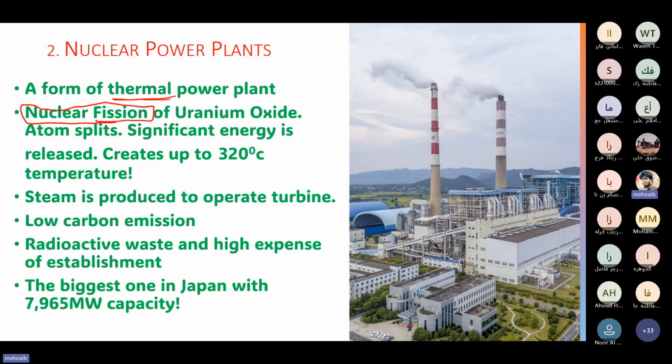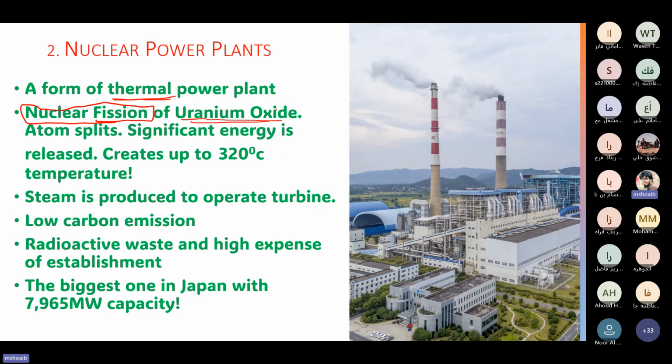Remaining are same. Okay. So I hope you have heard the names fission and fusion, two kinds of reaction which happen for the nuclear particles. Uranium oxide is mostly used in the nuclear power plants. So the fission of uranium oxide is used to generate the heat.